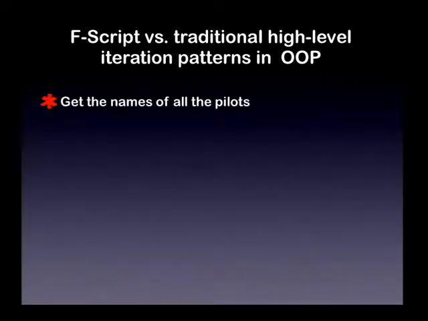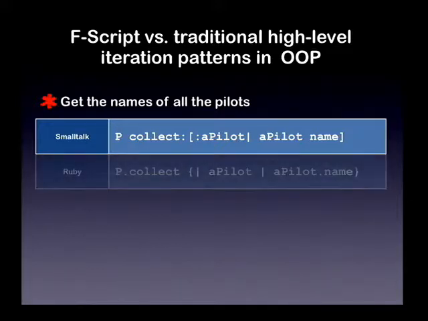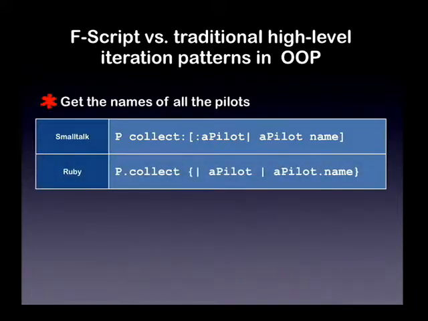Let's go to the end to show you a comparison between this model and the classical iteration pattern in a high-level object-oriented programming language. So we want to get the name of all pilots. In Smalltalk, the standard way to do that is to use a block, that is a lambda expression, and use the collect method. In Ruby, we do the same thing, just with another syntax.